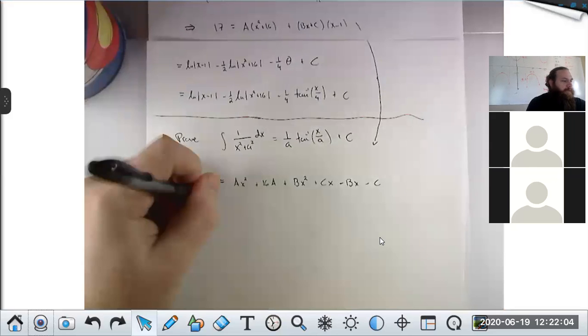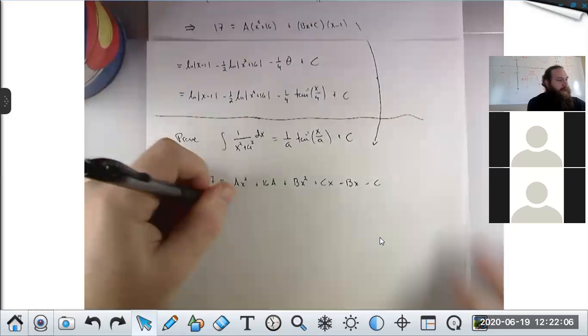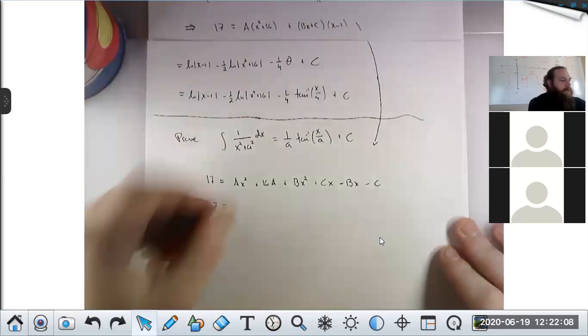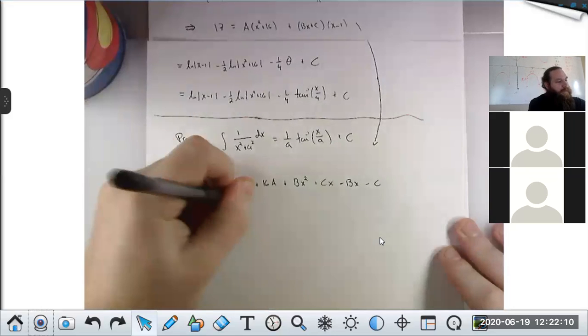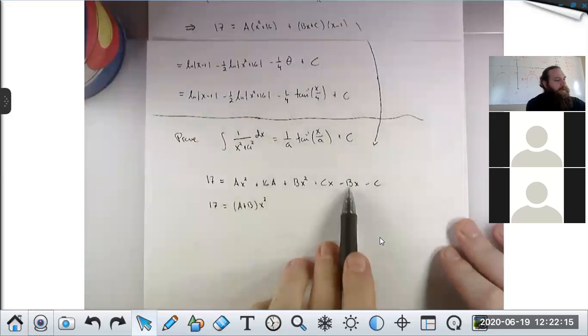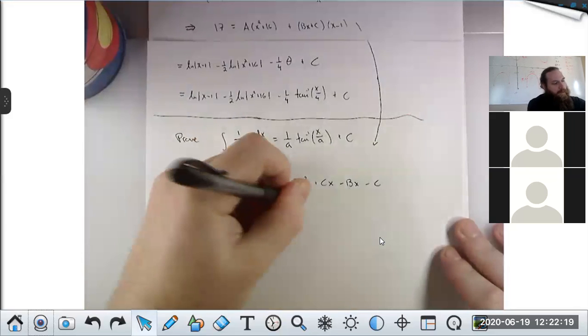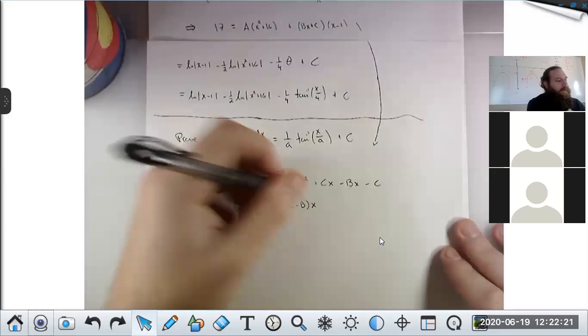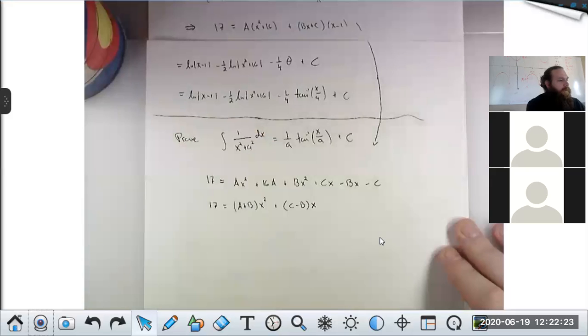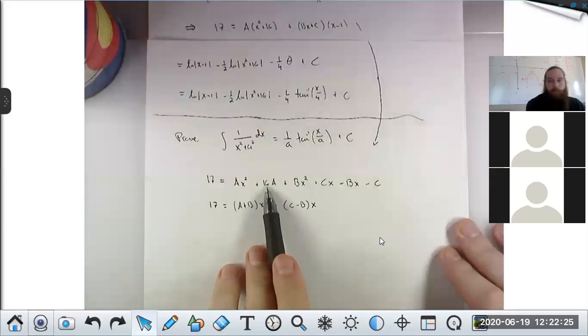So that becomes 17 equals (a plus b) times x squared, and then (c minus b) times x, and then constants, we have 16a minus c.